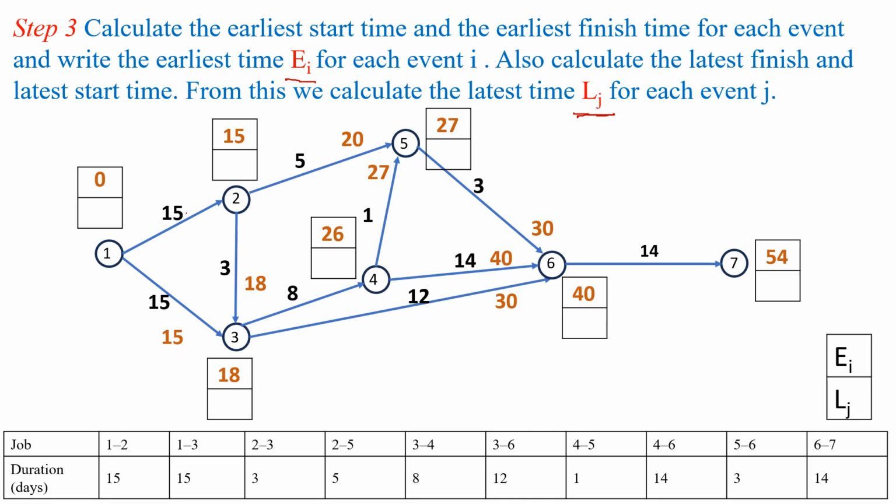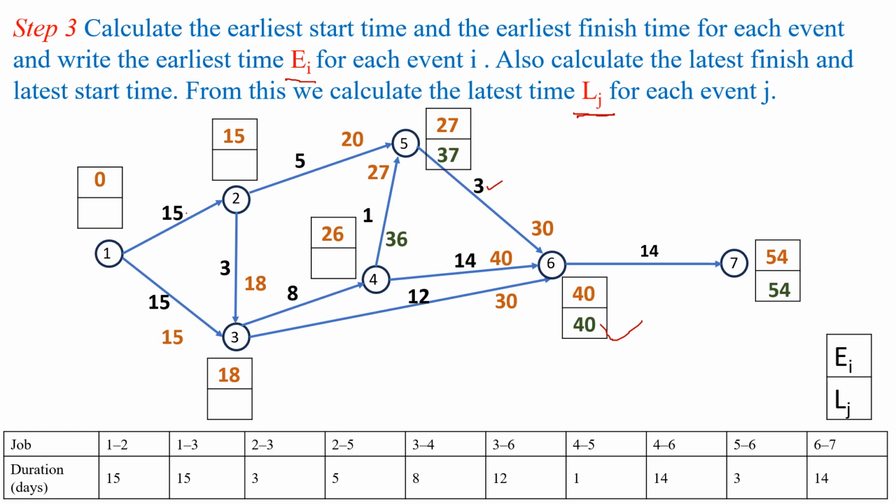At event 7 the latest finishing time is 54. So latest start time for activity 6 to 7 will become 54 minus 14, which is 40. So next we have to look for the activity 5 to 6. Finishing time is 40 and start time will become 40 minus 3, that is 37.